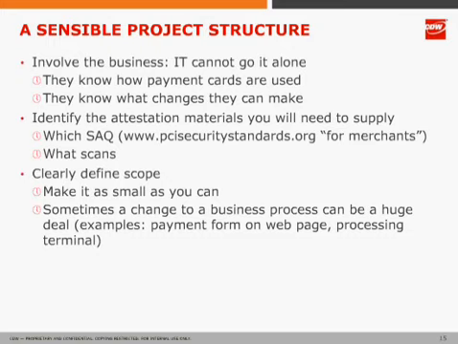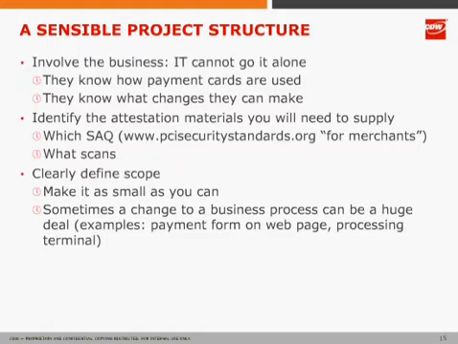What you could do is maybe just set up a single terminal on its own little internet connection. Get a cable modem or a DSL line or whatever for this thing. Set it up on its own totally separate network, and when someone needs to do a payment card transaction, they go to that thing, and that's all it's used for. Suddenly that's your whole scope for PCI. That's a huge win for you. So see if you can look for ways, by changing a business process, to really shrink scope. That's something to keep in mind.